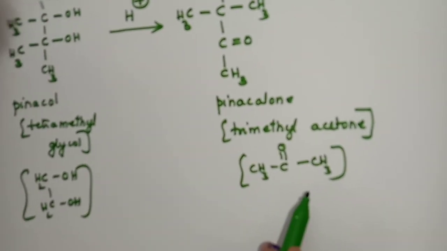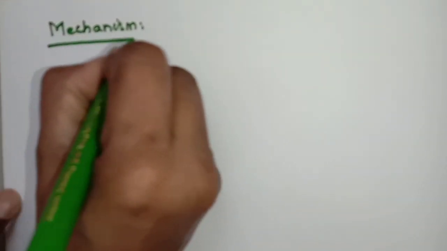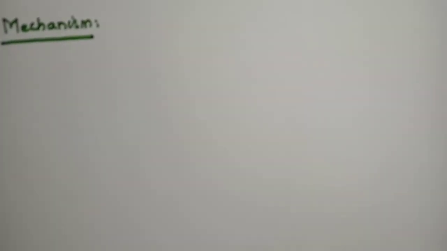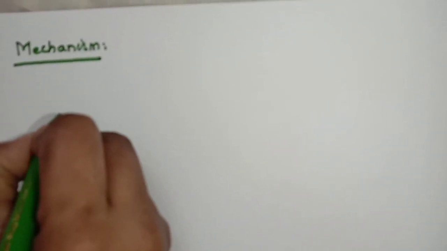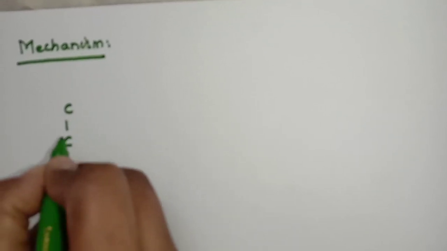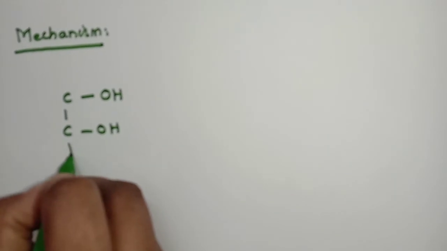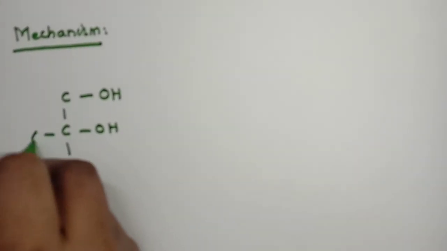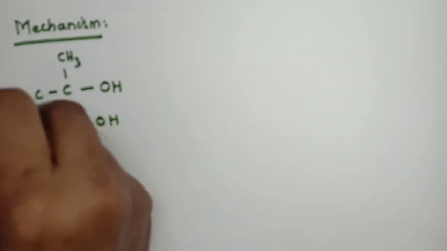Let us learn the mechanism of this reaction. So how does pinacol convert into pinacolone? Let me write the structure of pinacol here. C, C, OH, OH, CH3, CH3, CH3 and CH3.